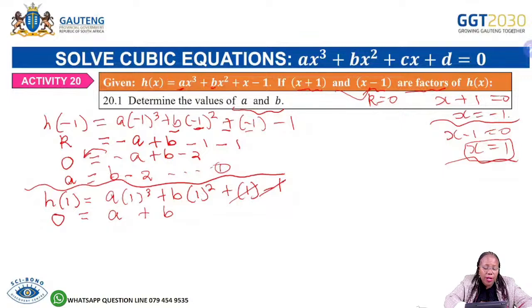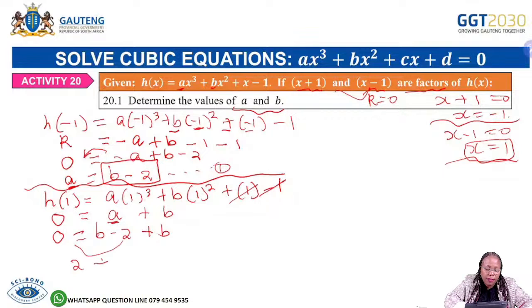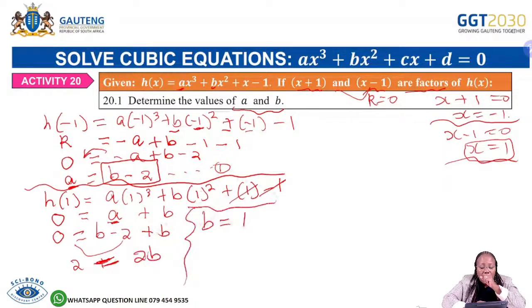And then for a, we are now going to substitute b minus 2 plus b, 2 to this side positive, b plus b, 2b. Therefore, the value of b is equal to 1.